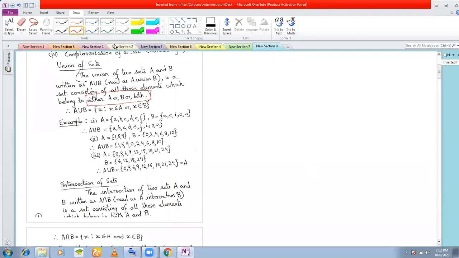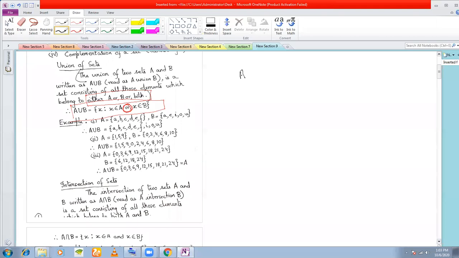Mathematically, the way we write it is A union B is equal to the set of X such that X belongs to A, or this is the main thing, or X belongs to B. Now let us see how this is worked out.